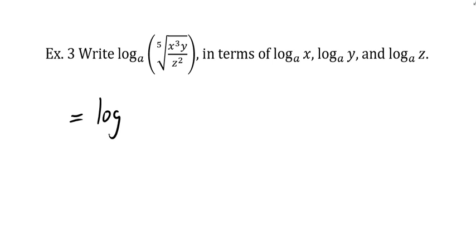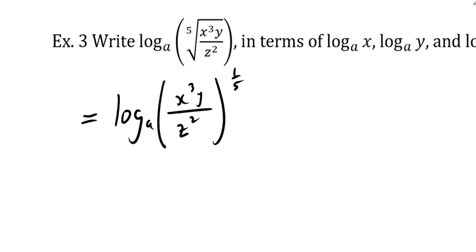Okay, so with log, it's always nice, if it's like the fifth root, to get that out as an exponent. So x cubed y over z squared all to the 1/5. Oops, log base a. And what was one of the laws that we learned where the base doesn't have to be the same, like the log base? You understand what I'm saying?